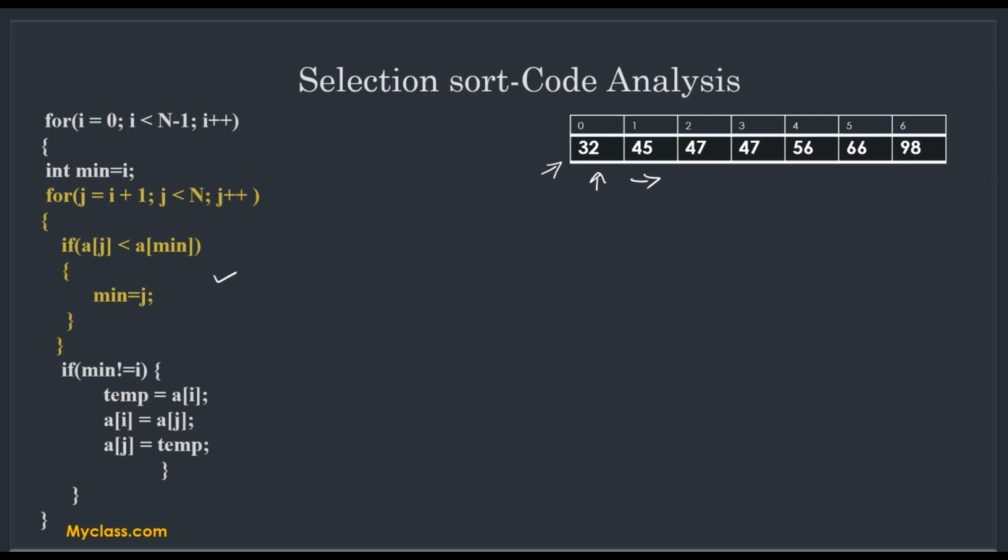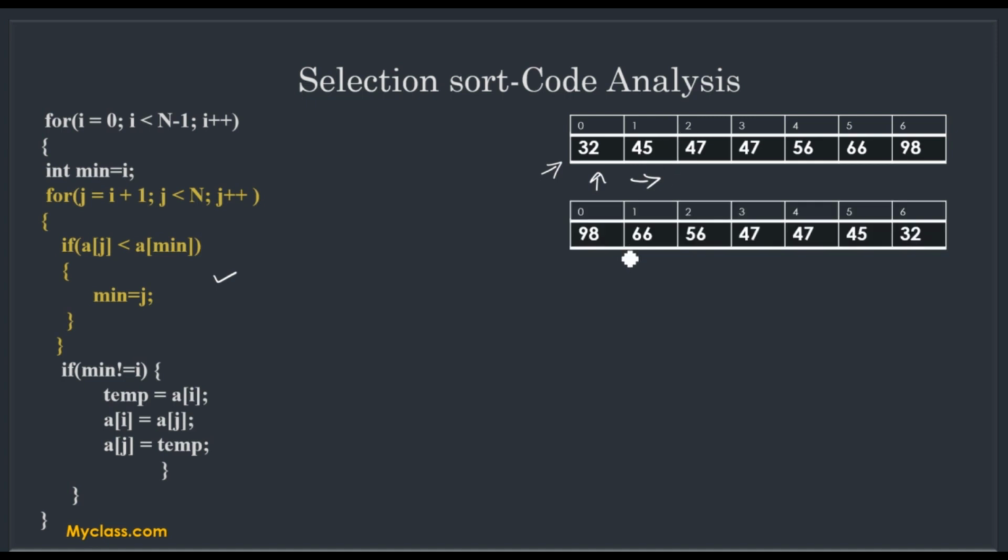Let's see. So what is the worst case? In the worst case, the input array is in the opposite order, that is decreasing order, and we want to sort it in increasing order.